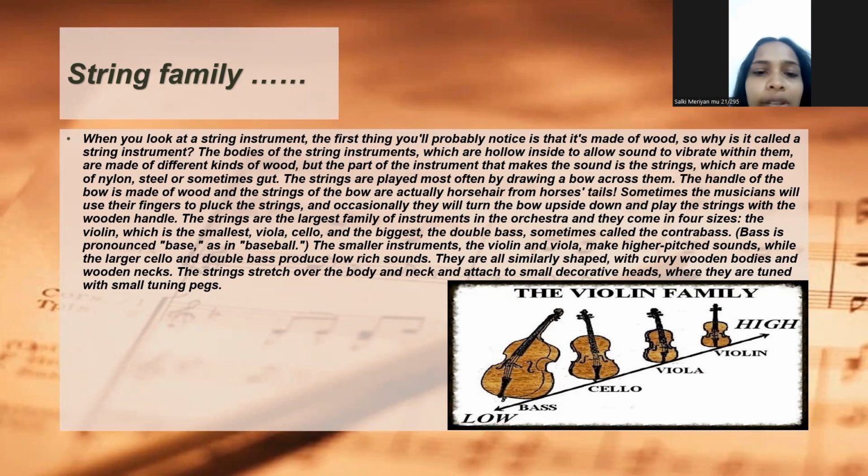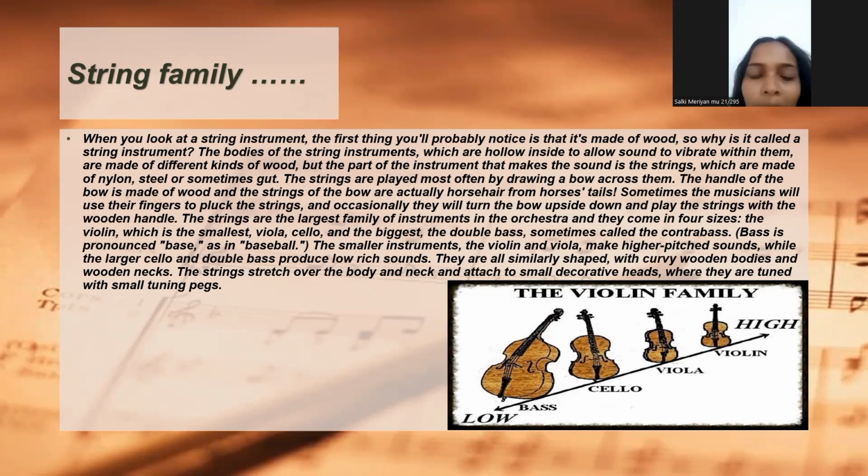The bodies of the string instruments, which are hollow inside to allow sound to vibrate within them, are made of different kinds of wood. But the part of the instrument that makes the sound is the strings, which are made of nylon, steel, or sometimes gut.